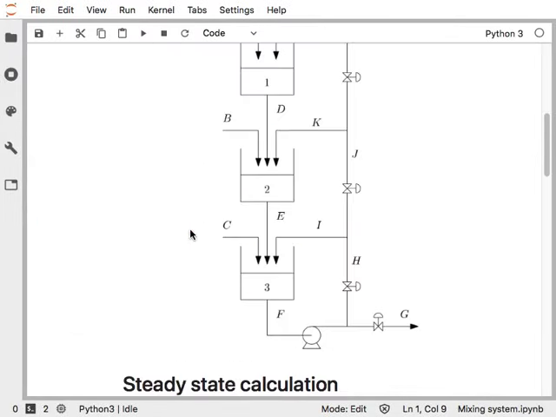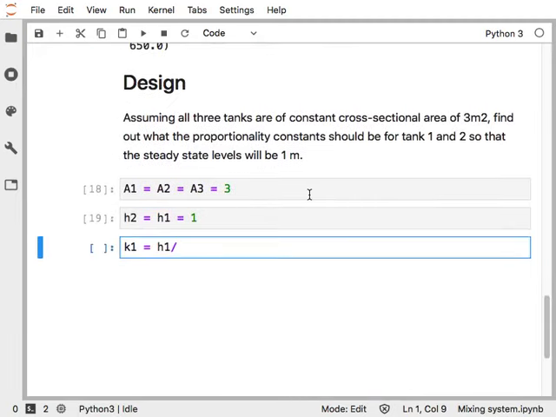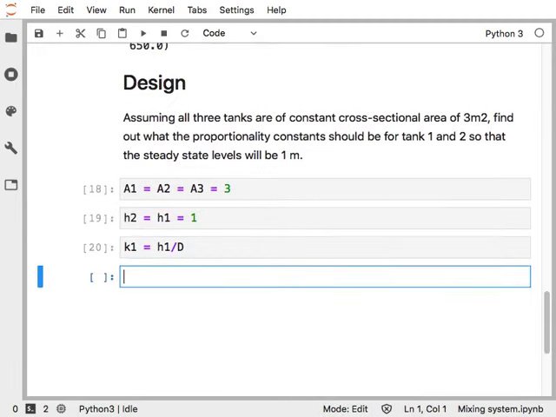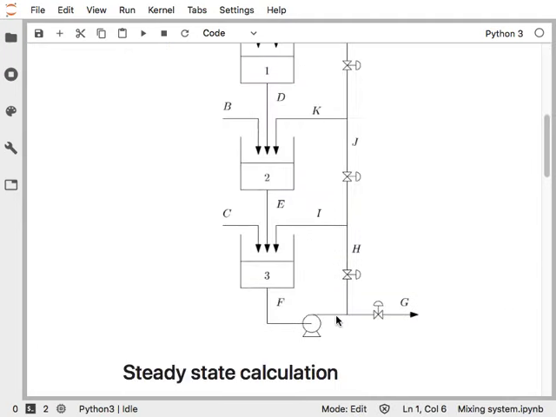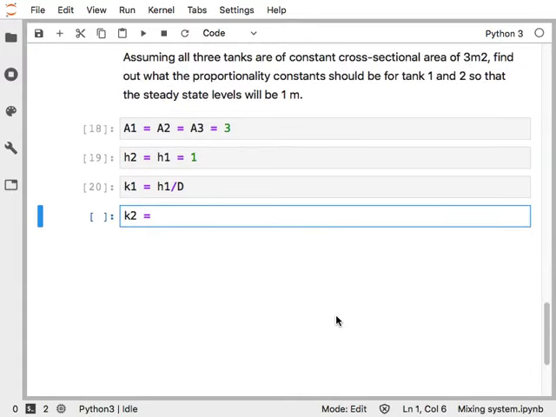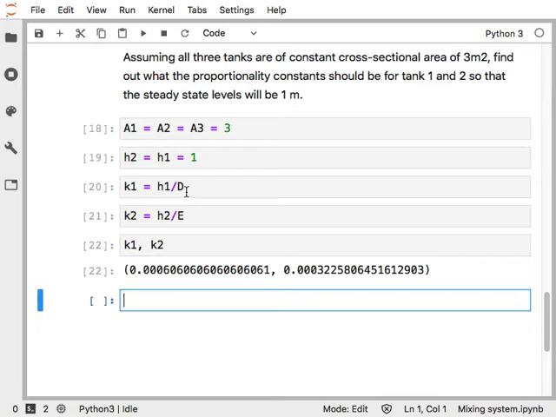And so for the first tank, that would be D. And for the second tank, that would be E. But is that the right way around? No, it's the other way around, sorry.